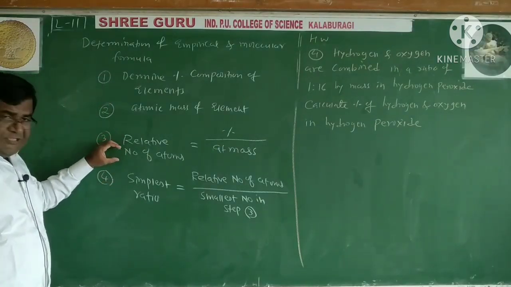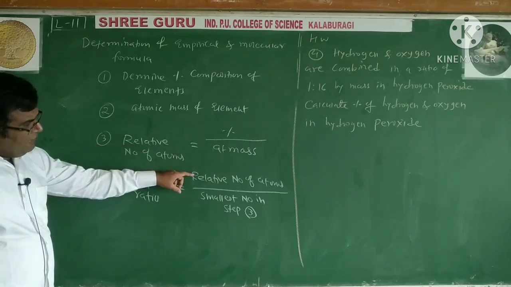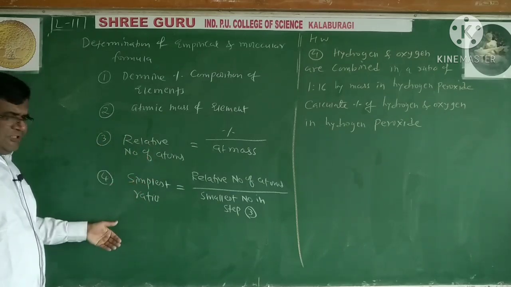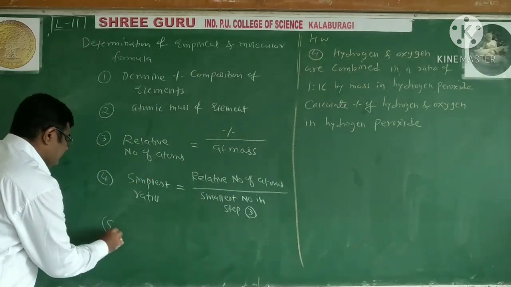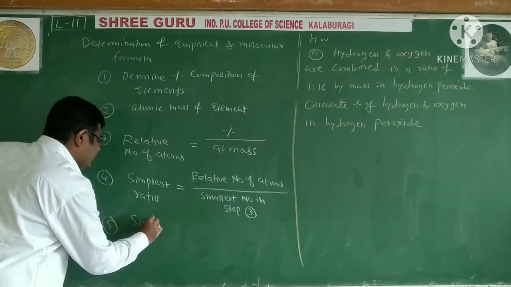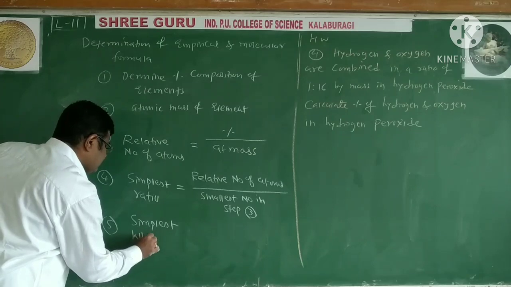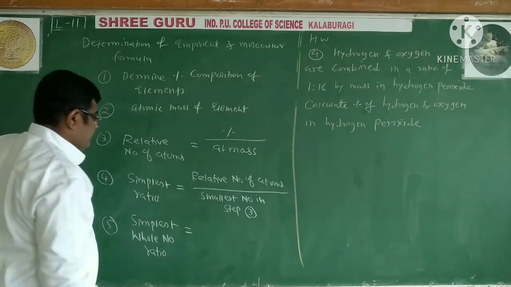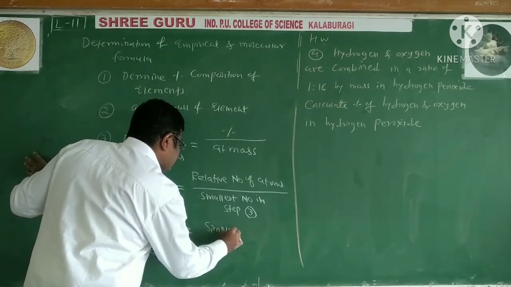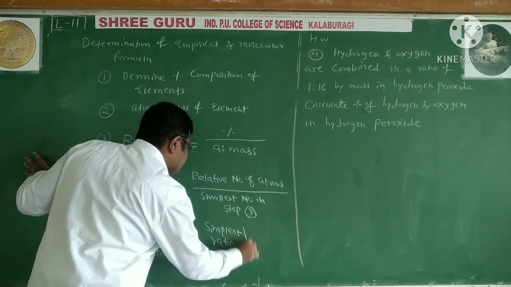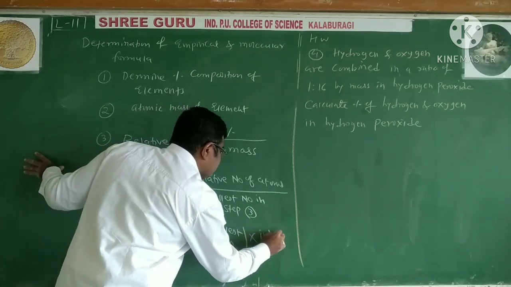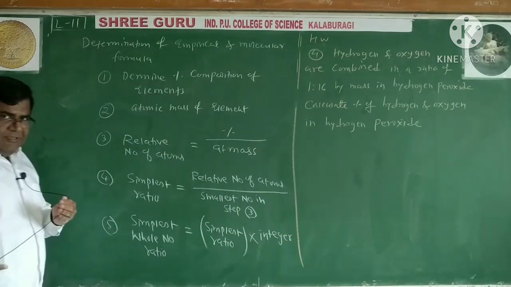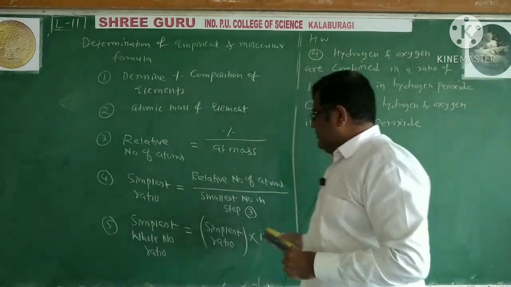We have to select the smallest number, and every relative number of atoms we have to divide by smallest number. But actually we do understand this. First we will just note down these steps. Fifth is simplest whole number ratio. This simplest ratio is to be multiplied by integer, and we get the simplest whole number ratio.